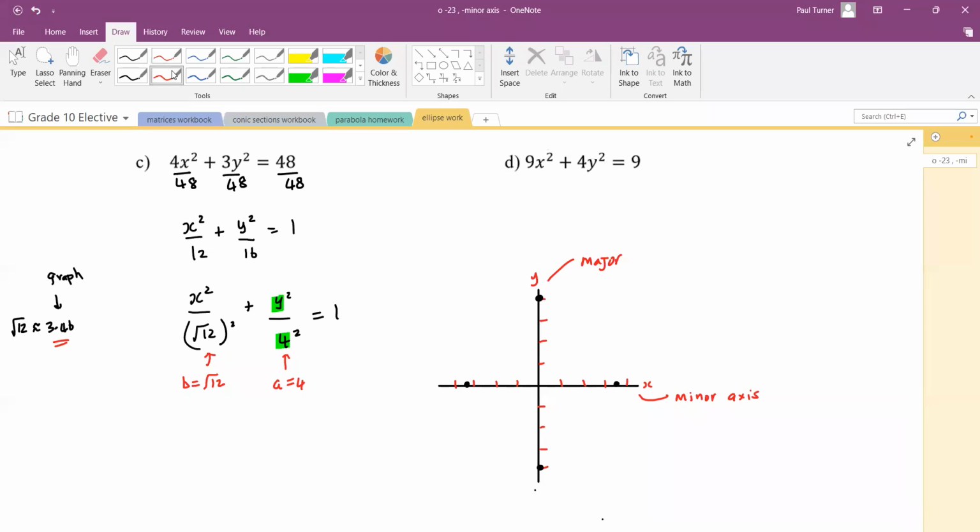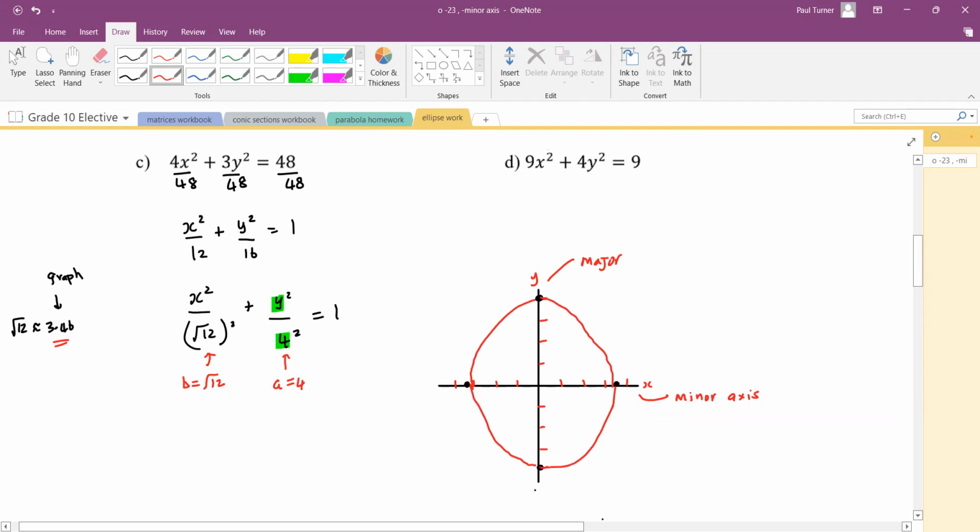So let's draw our graph in roughly. So let's just go around and go up. Yeah, you can draw better than me. So hopefully you also look better than that. Anyway, so that's basically your graph.